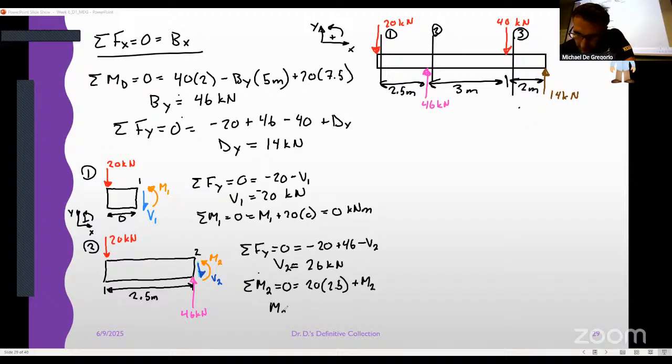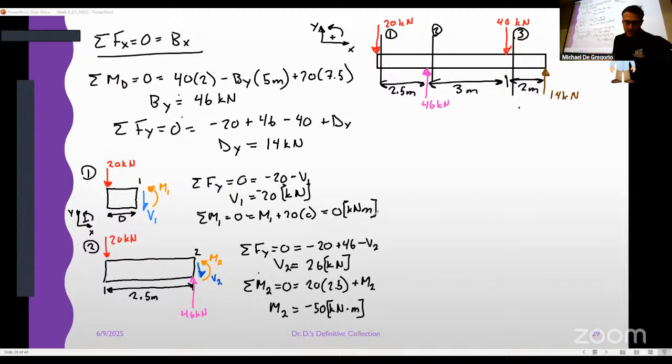So M2 gives us negative 50 kilonewton meters, right? And we'll keep these off to the side until we need them. So far, so good. It's just rinse and repeat of everything that we've done, right?